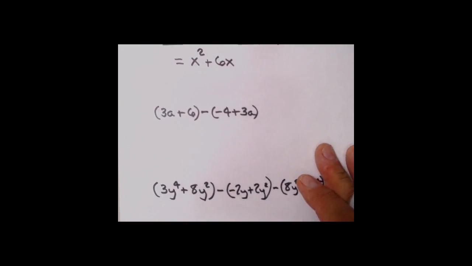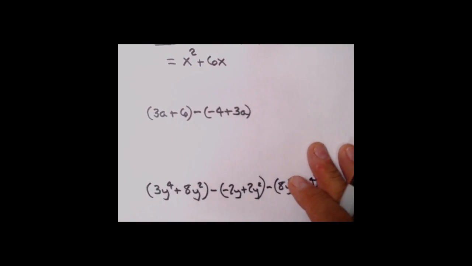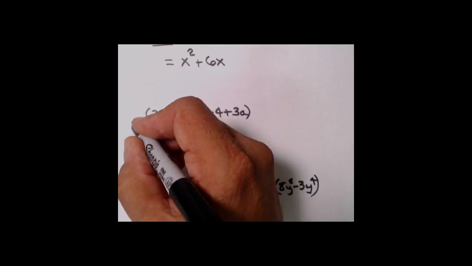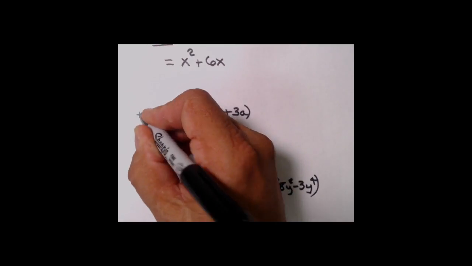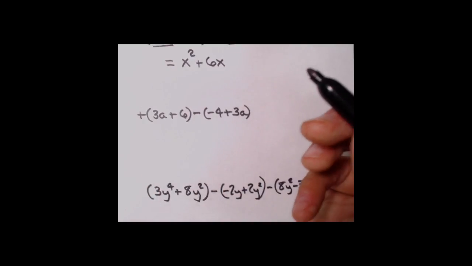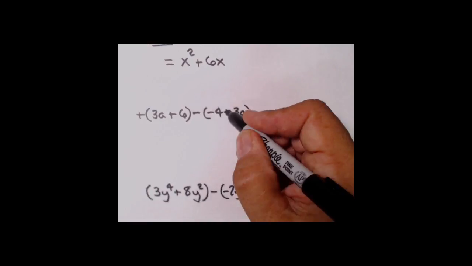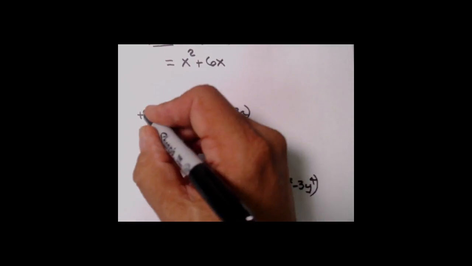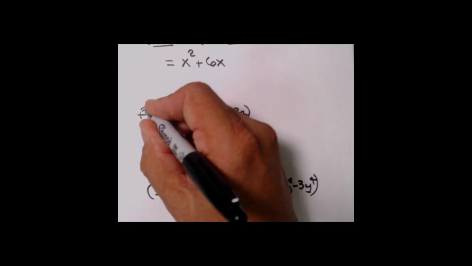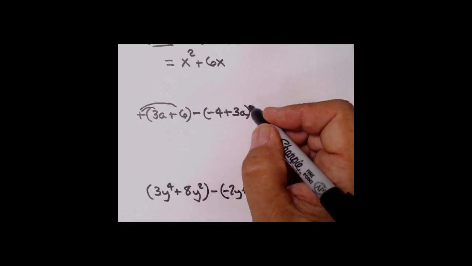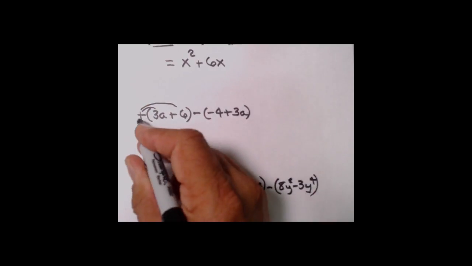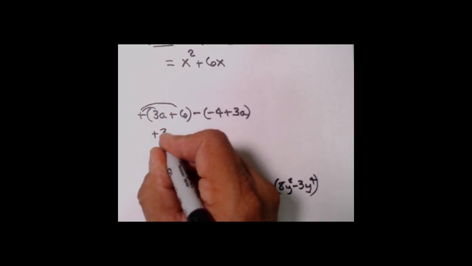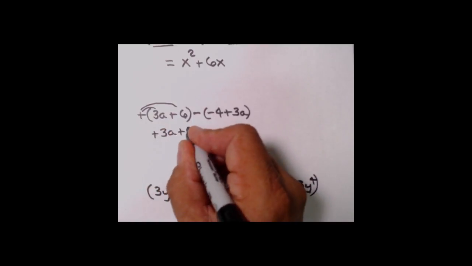Okay, next one coming up, we've got one of them that's being subtracted. The one in front, we don't see a sign, so we assume it to be positive. So if there's at least one of the polynomials that's being subtracted, we better go through and distribute our signs in to make sure we've got all the correct terms. Well, the plus here in front doesn't change anybody, so I got plus 3a plus 6.